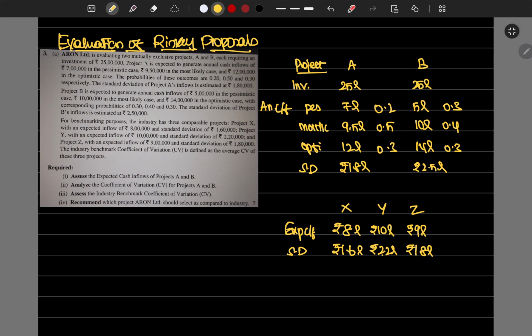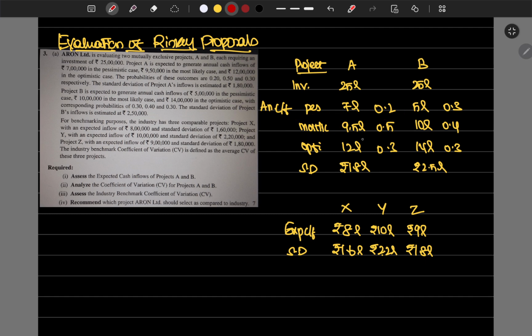Evaluation of risky proposals. Harrow Limited is evaluating two mutually exclusive projects, A and B. They are planning to invest 25 lakhs in both A and B. If the market scenario is pessimistic, they'll be earning a return of 7 lakh, with probability 0.2.